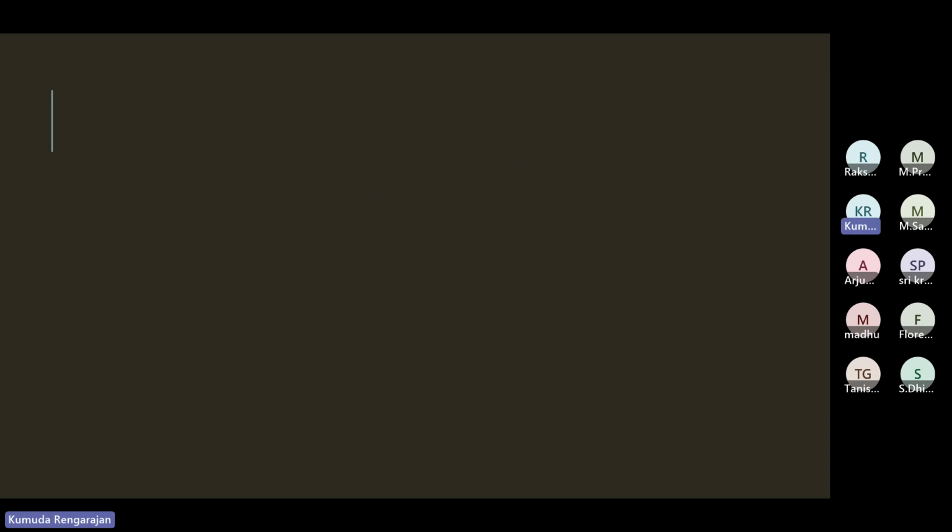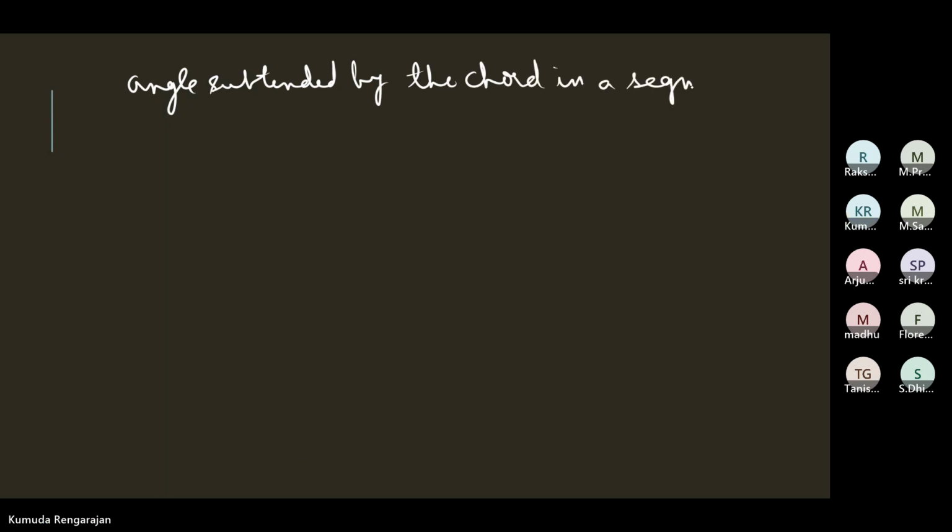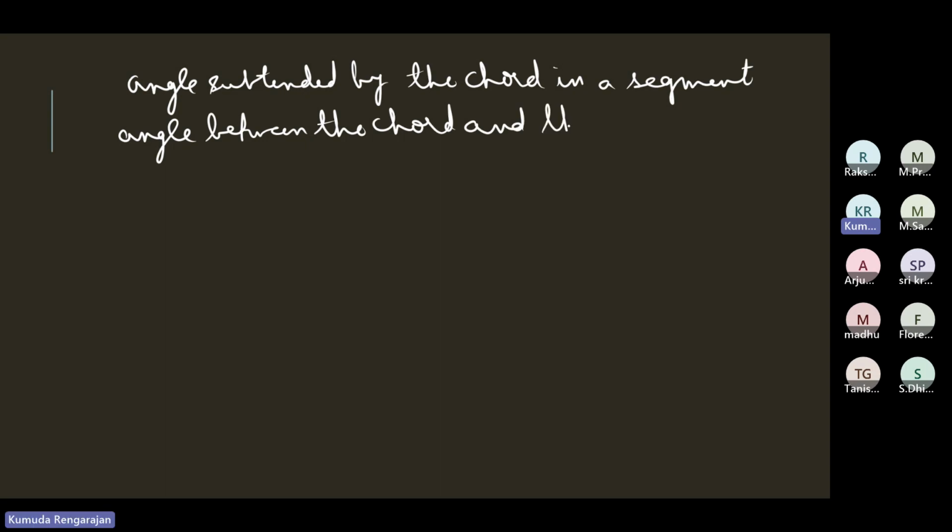So there are two things: the angle subtended by the chord in a segment, and the angle between the chord and the tangent in the alternate segment.